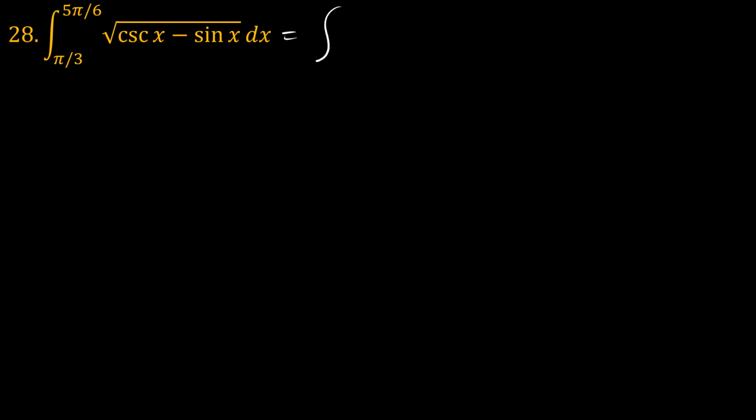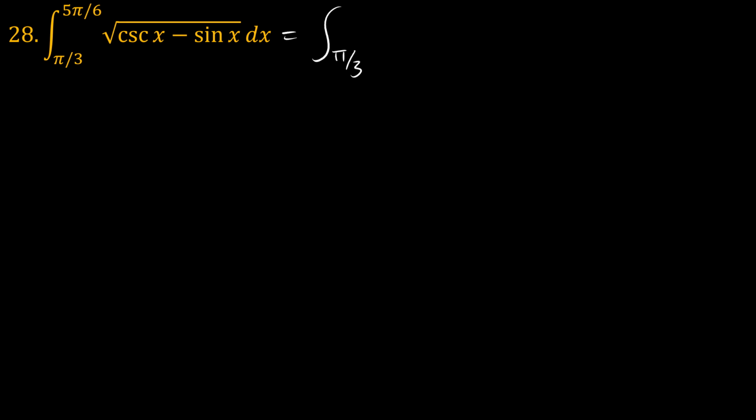So our next problem is the definite integral from x equals pi over 3 to x equals 5 pi over 6 of the square root of cosec of x minus sine of x. So let's re-express cosec of x as 1 over sine of x.